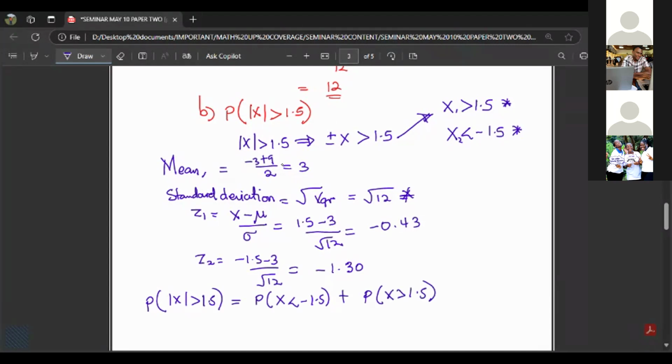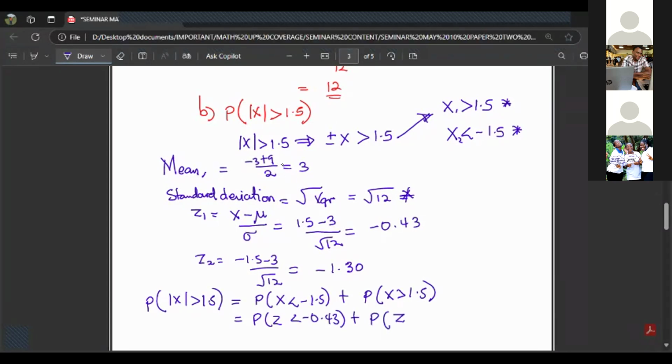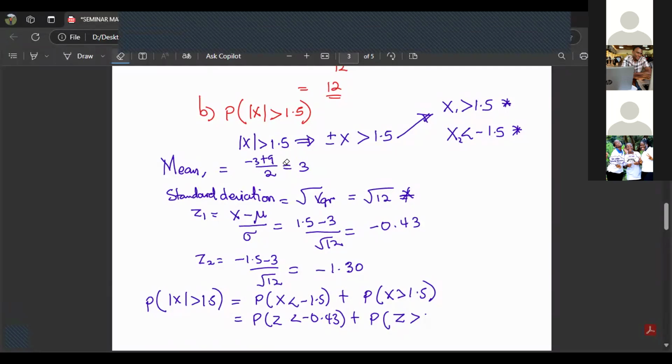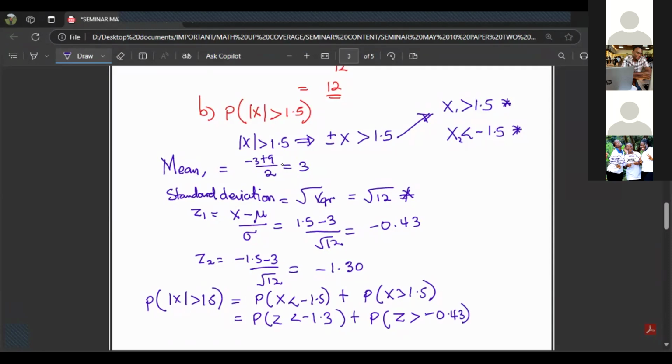Upon standardizing, it's going to be the probability of z being less than negative 1.3 plus the probability of z being greater than negative 0.43.